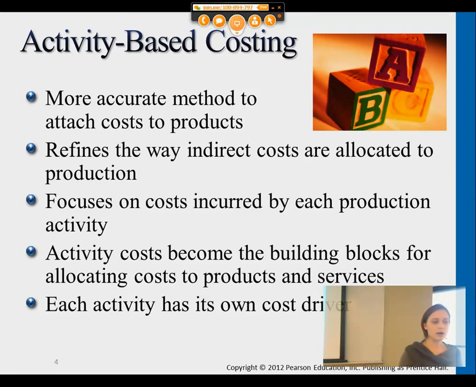The reason why we want to introduce another type of costing is because we want it to be more accurate than just estimating the cost. Okay? So we want to attach those costs to products, and we'll call it activity-based costing. Okay?